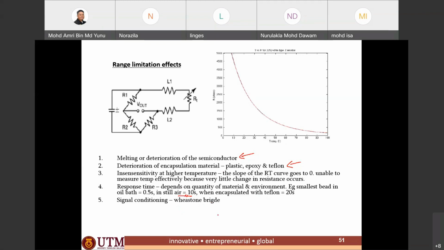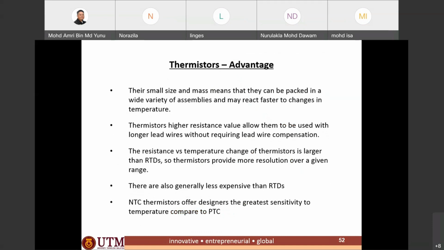For signal conditioning, the common one is using a Wheatstone bridge. That's the more accurate method, but the least accurate is using a voltage divider. The advantages are that it is small and reacts fast to temperature.